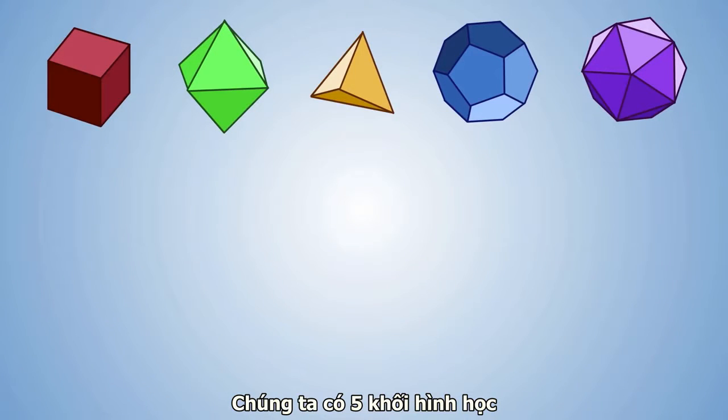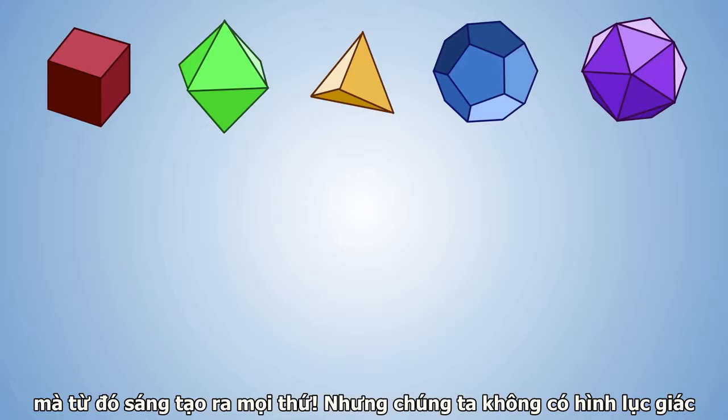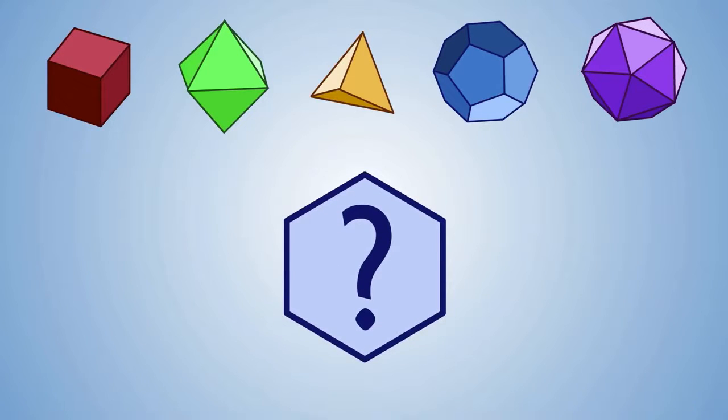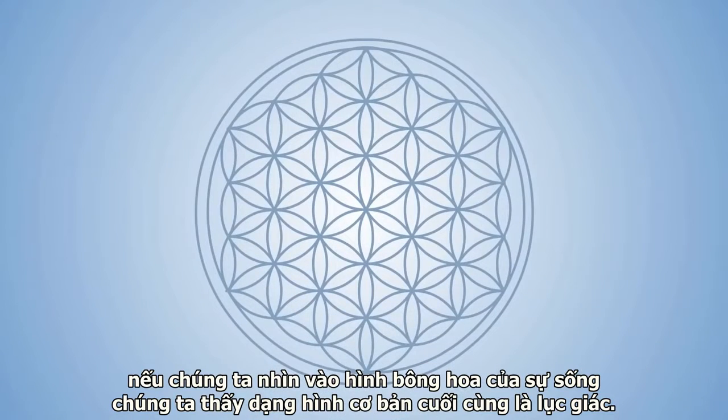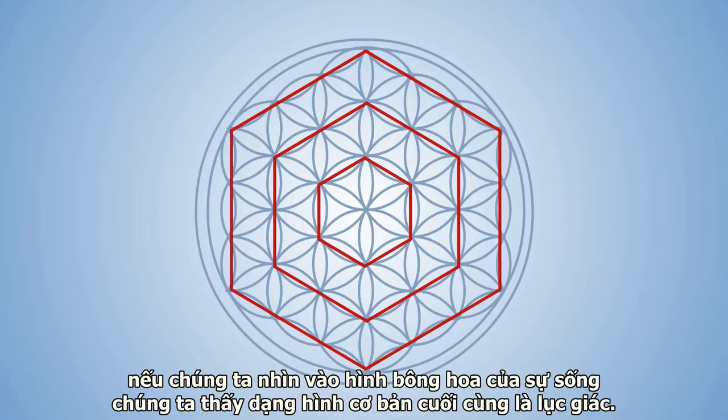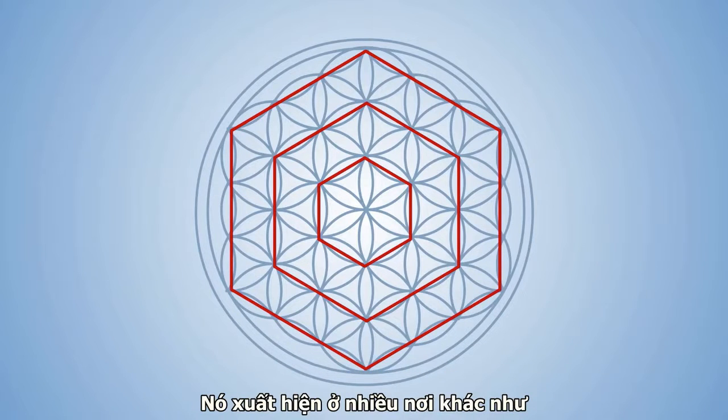We have 5 platonic geometries that form everything in creation, but we don't have a hexagonal shape. If we look at the flower of life, we see that its ultimate basic form is in a 6-pointed shape, called a hexagon.